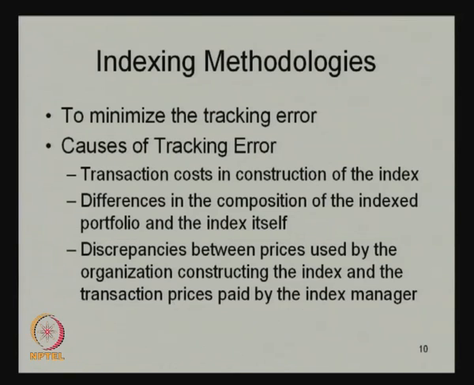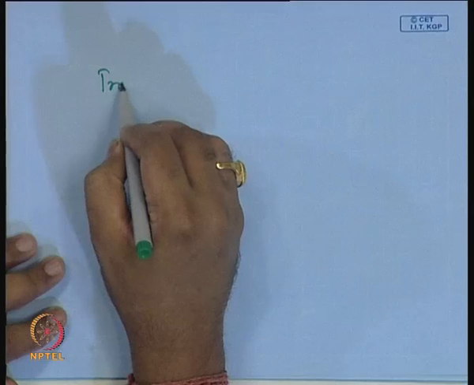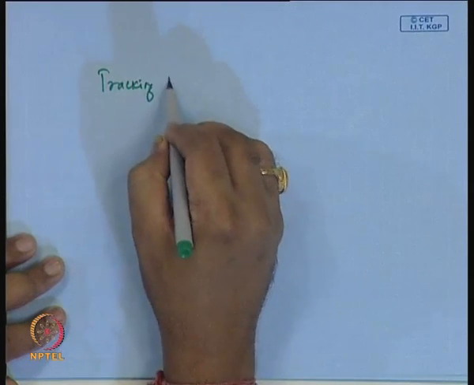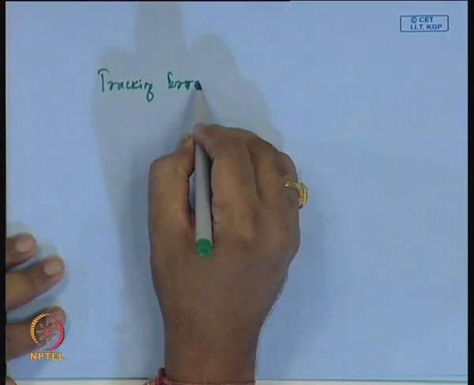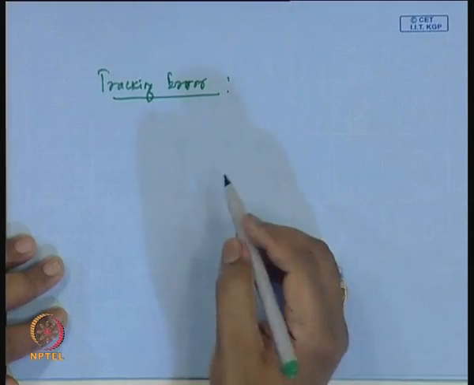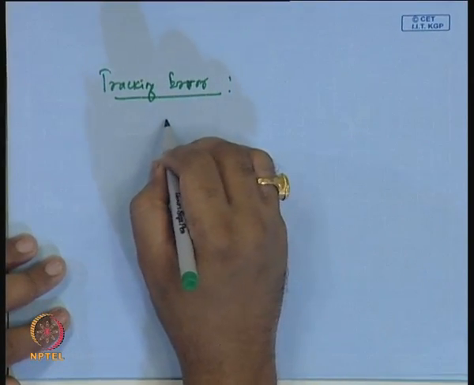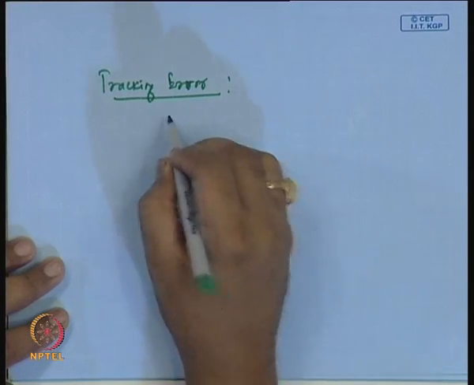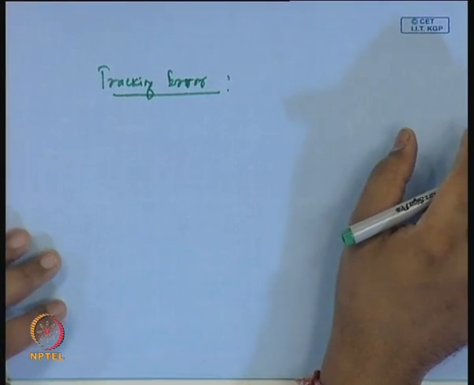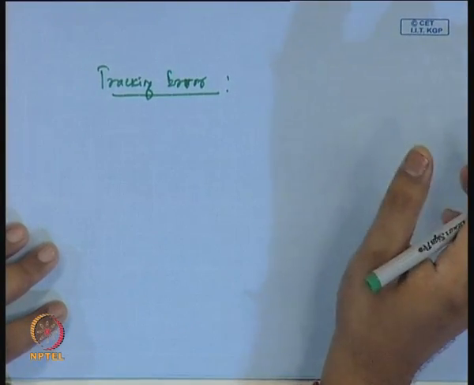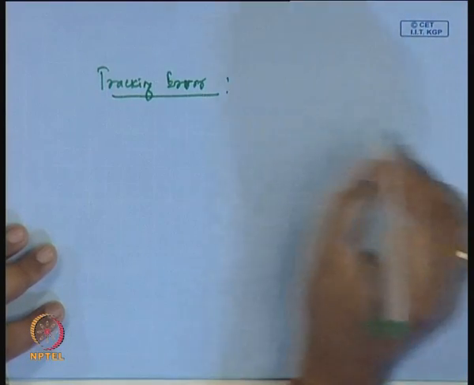And how does this indexing methodology work? I already told you that the basic objective is minimizing the tracking error. What do we mean by tracking error? You already know, it is the minimization of the variance of the fluctuation of the returns between this particular index and the benchmark index.